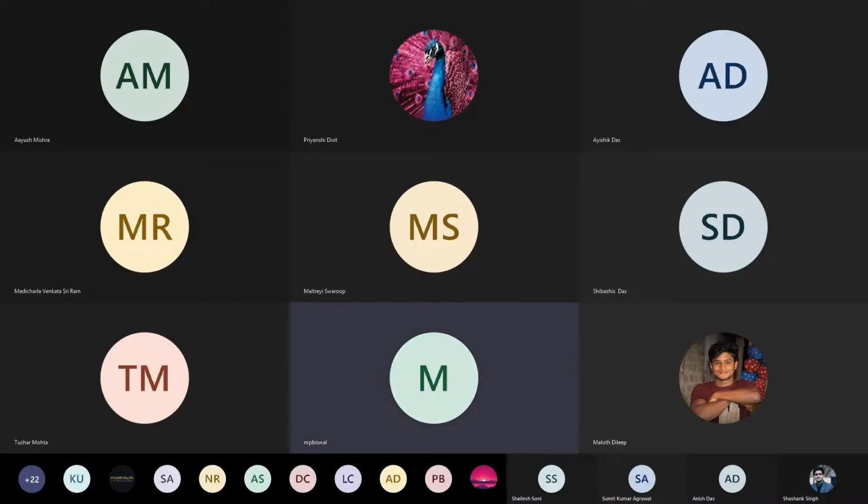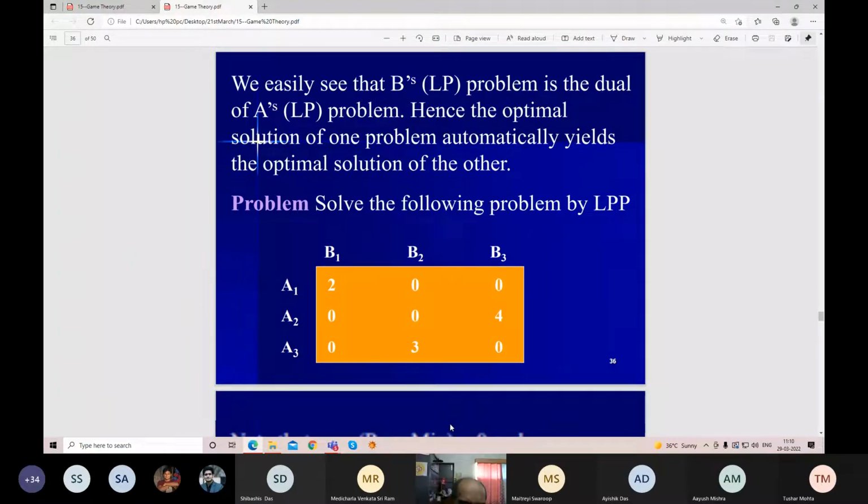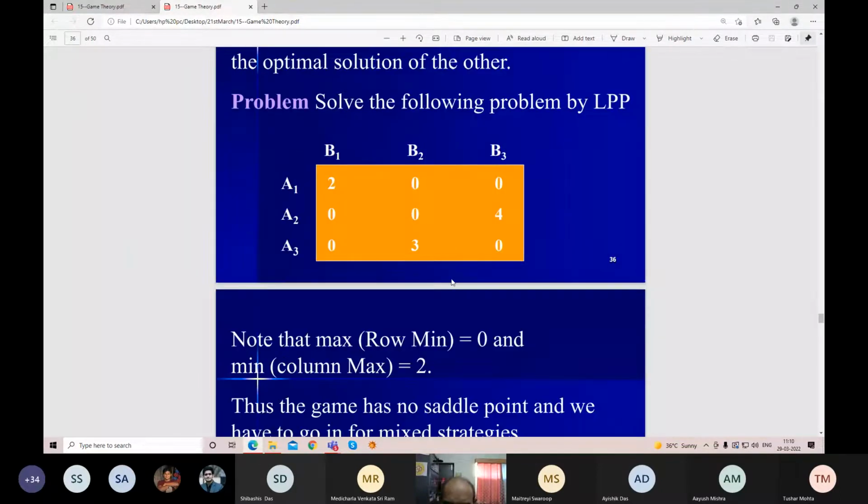So positive or 0. But the value of the game, if positive or negative is there, the chance is maybe 0. But here positive and 0, the expected value of the game is positive. So we conclude here this game is unstable because the row minimum is 0, then after taking the minimum, take the maximum, that is coming 0.